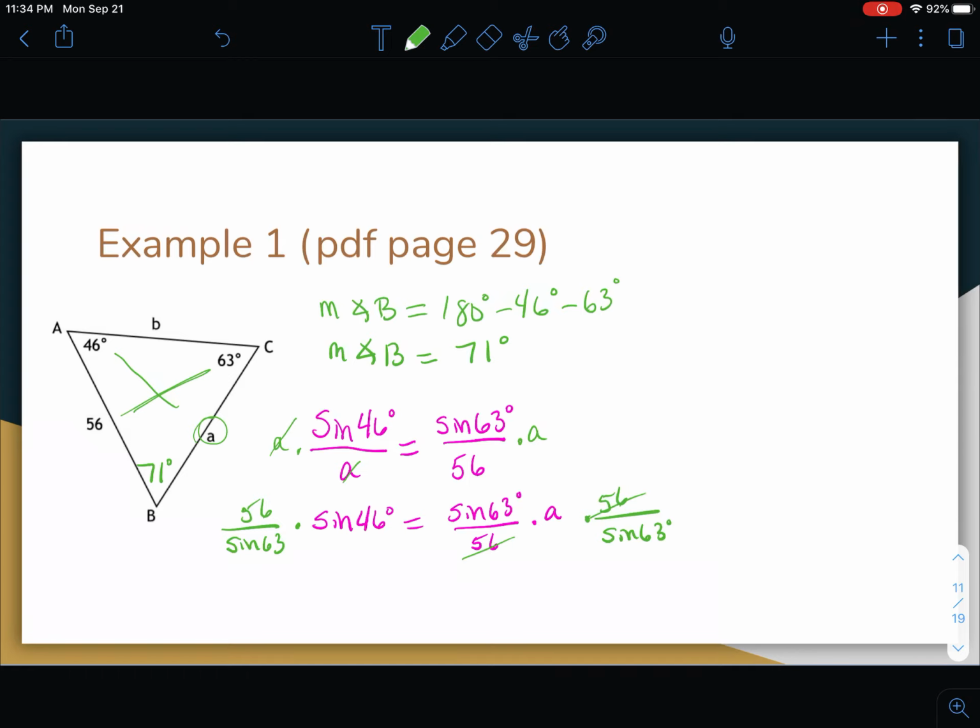So in this case, these cancel, and now I am left with just plain old A, which is what I wanted. It'll be 56 sine of 46 degrees over sine of 63 degrees. So let's go ahead and put that in the calculator, and I'm going to double check my work here and make sure you are in degrees.